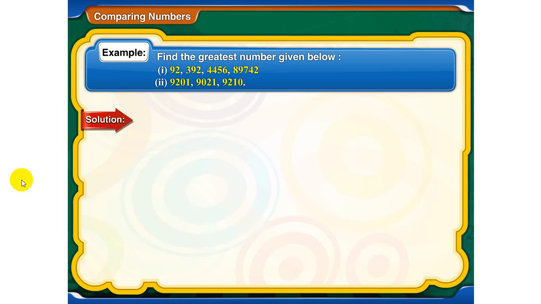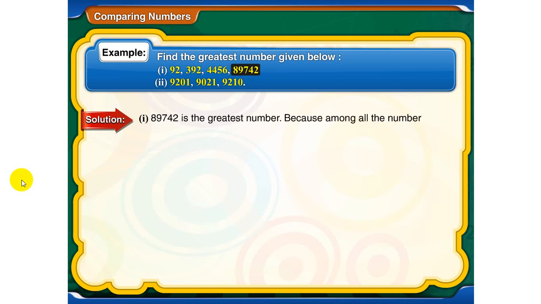Example: find the greatest number given below. 1, 92, 392, 4456, 89,742. 2, 9,201, 9,021, 9,210. Solution: 1.